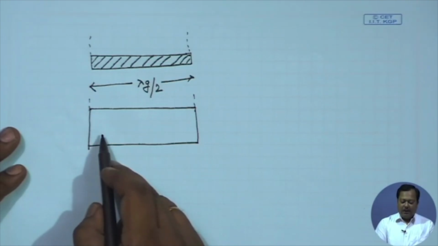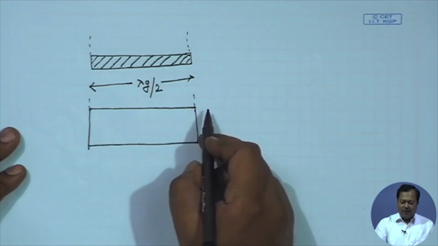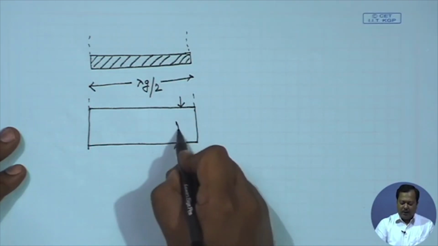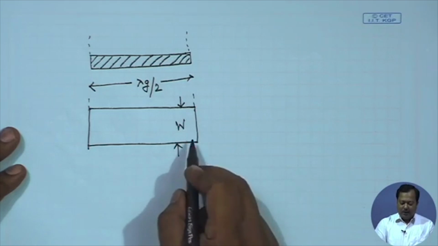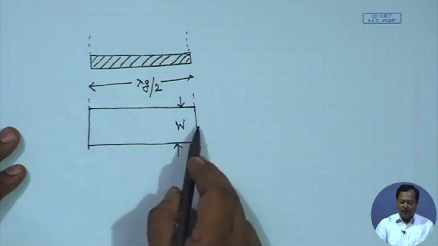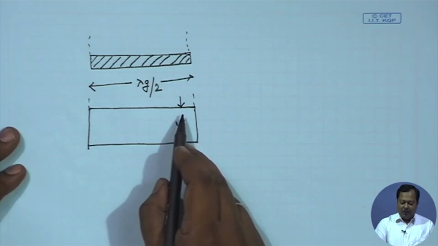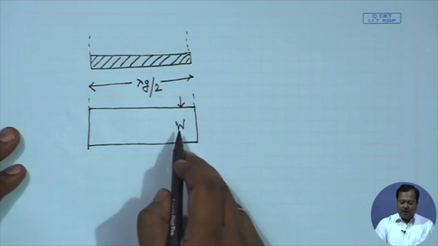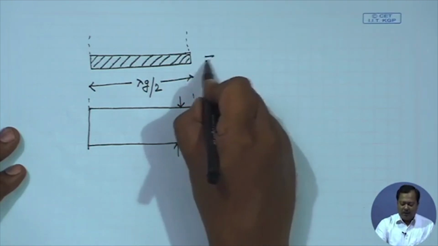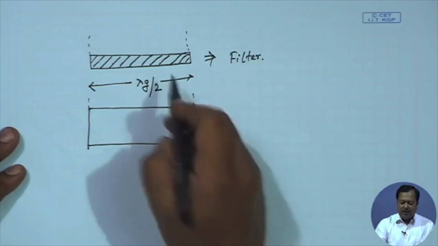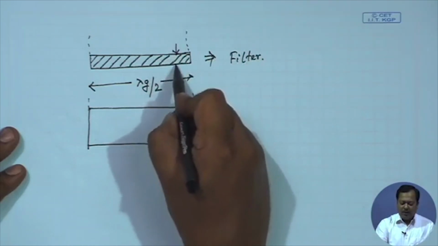So radiation will increase. If I increase the width W of this resonator, radiation from both of these ends will increase. If I want to design an antenna, we will choose a higher W, but if I want this resonator for filter applications, the width should be small.